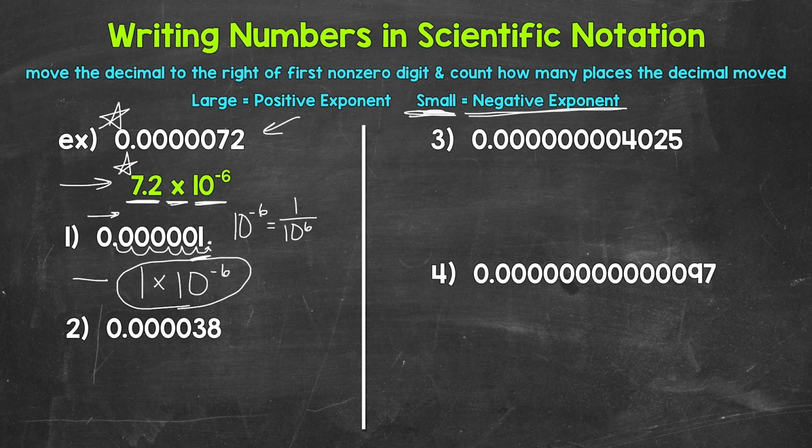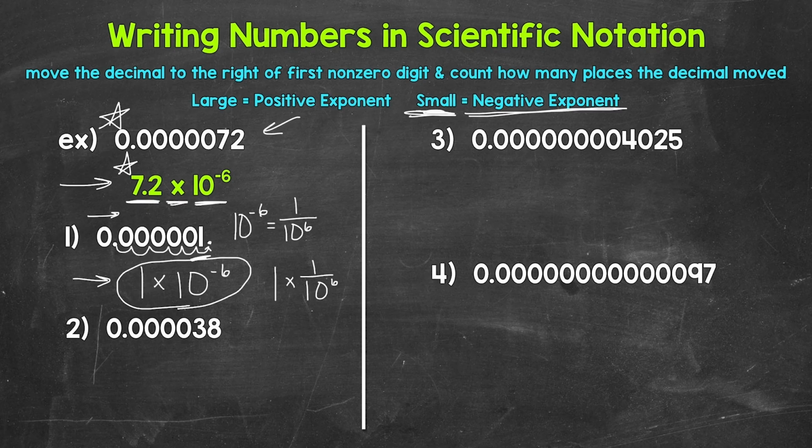So looking at our scientific notation, we have 1 times 10 to the power of negative 6, which just means 1 times 1 over 10 to the power of 6, or 1 times 1 over 1 million, which all of this is the same as dividing by 1 million.